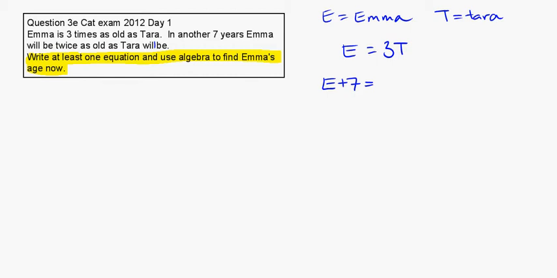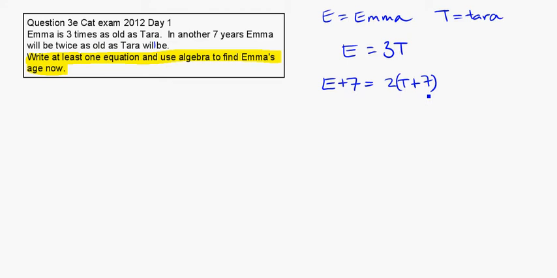She'd be twice as old as Tara would be. So you might think that's twice as old as Tara, but it's not twice as old as Tara today. That's twice as old as Tara, who's also aged 7 years. So both Emma and Tara have increased their age by 7 years, and now Emma's only twice as old as Tara instead of 3 times as old as Tara.